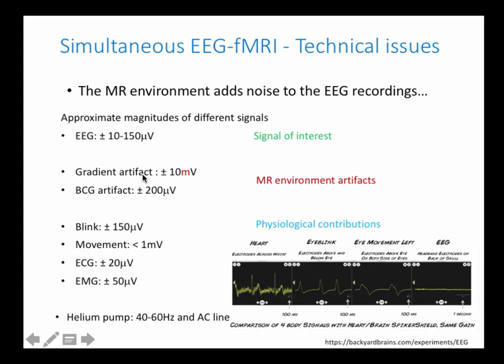The one that is not very difficult, but at least more difficult to remove is what's called the ballistocardiographic artifact, which is on the same order of magnitude as the signal that you're looking for, and that comes from the heartbeats of the person interacting with the magnetic field. That's why it's a little bit more difficult to remove, because you have to actually identify the time points where the person is having a heartbeat. And there are also other artifacts coming from just the person being alive as well.